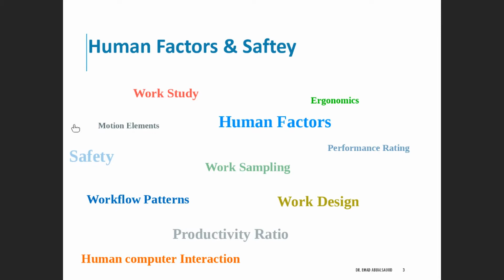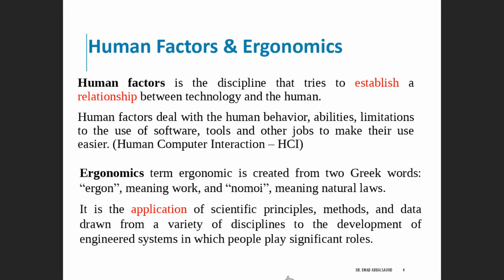Today, we'll just touch the surface or the base of this area, and we will start by defining the major names related to this area, human factors and ergonomics, as well as safety later. Human factors is a discipline that tries to establish the relationship between technology and the human.